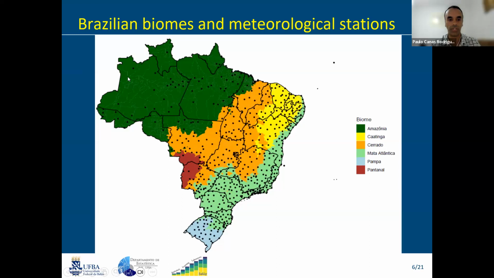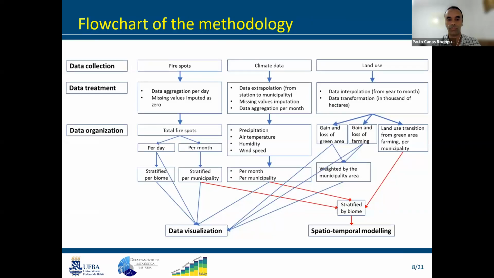So essentially, for this municipality where I have the mouse, we averaged those three closest ones, and we did it in a weighted form, so the one that is closest gains a higher weight, a weight based on the inverse of the distance to the central point of the municipality. That's what we did for the climate data, because we need the climate data for each municipality. And of course, we transformed it from hour to day and to month as well.